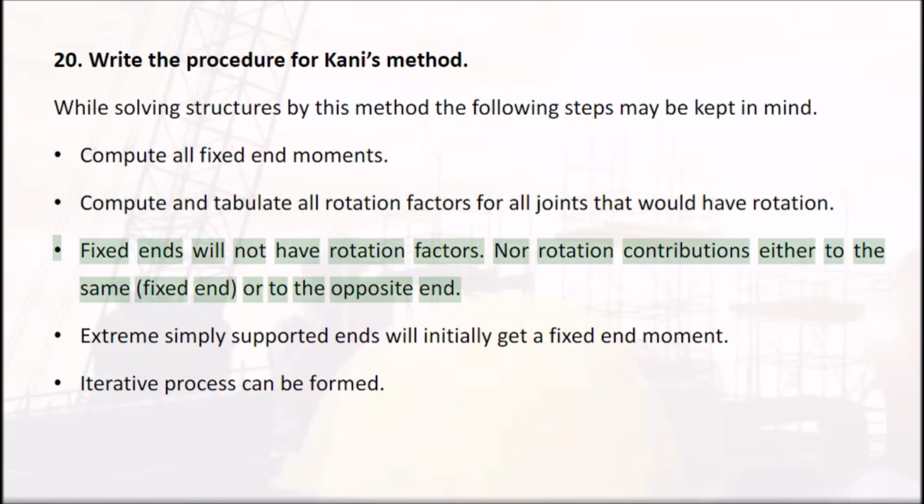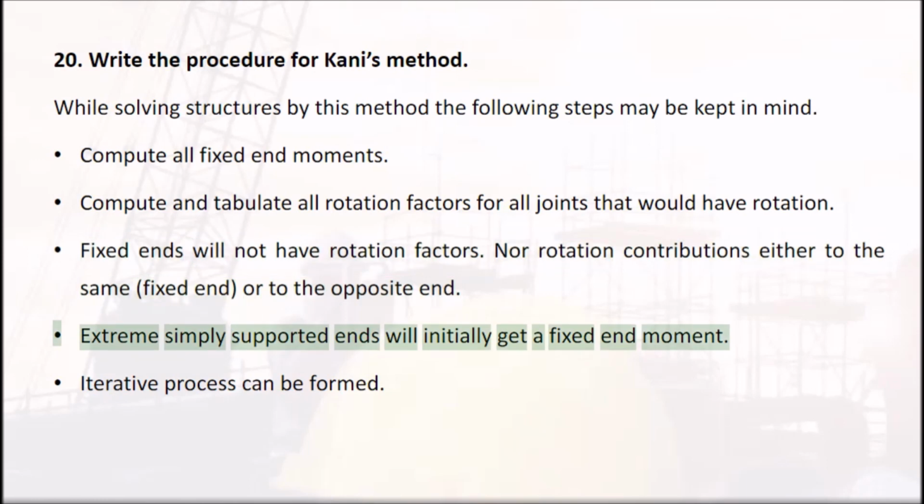Fixed ends will not have rotation factors, nor rotation contributions either to the same fixed end or to the opposite end. Extreme simply supported ends will initially get a fixed end moment. The iterative process can then be performed.